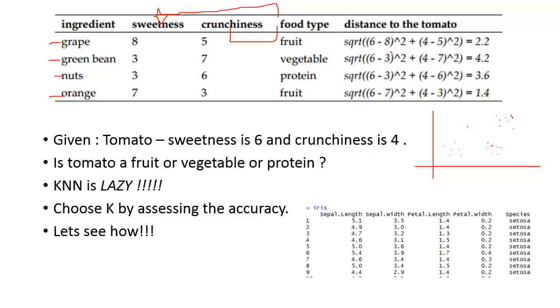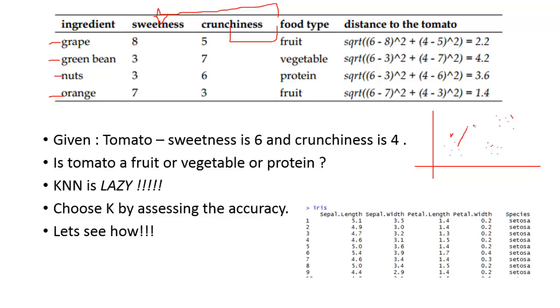What it does is measure its distance with each cluster. Here it measured with grape: 6 minus 8 whole square, 4 minus 5 whole square, and its Euclidean distance is 2.2. Say this is the fruit section. Next it measures with vegetable, 6 minus 3, 4 minus 7, so the distance is 4.2.